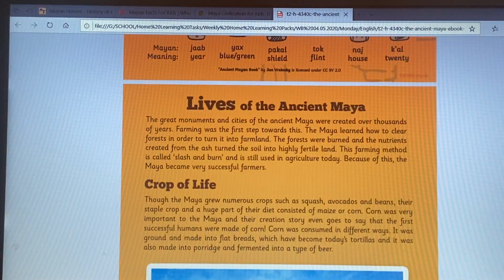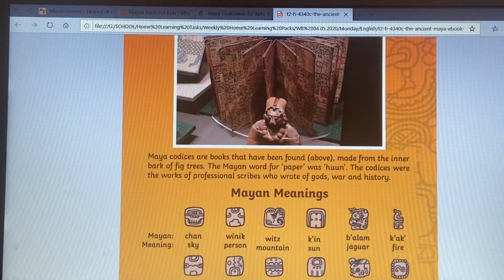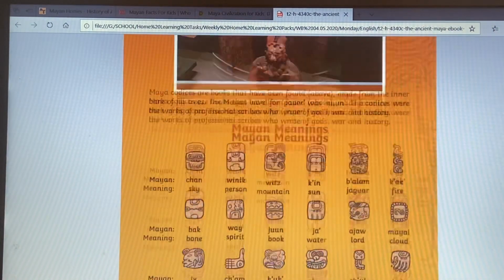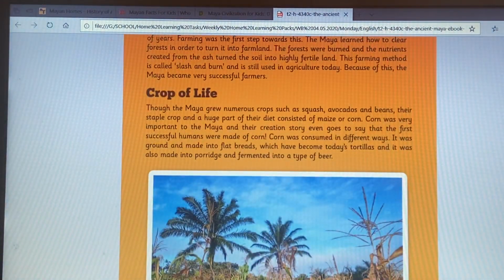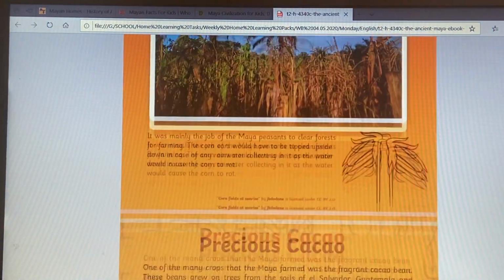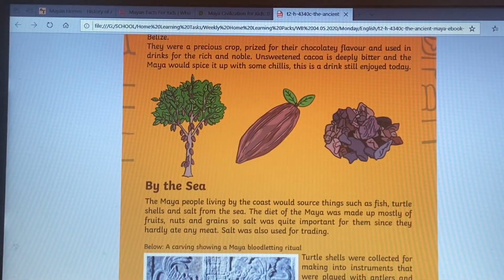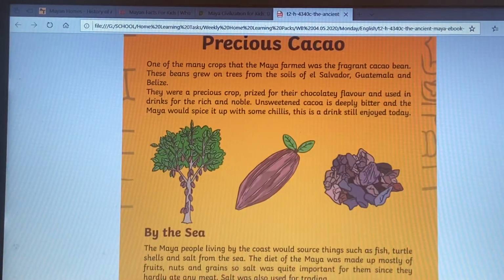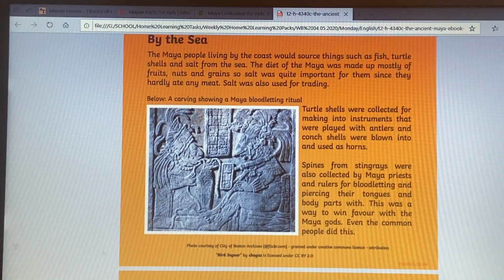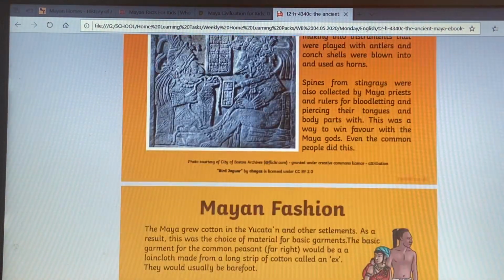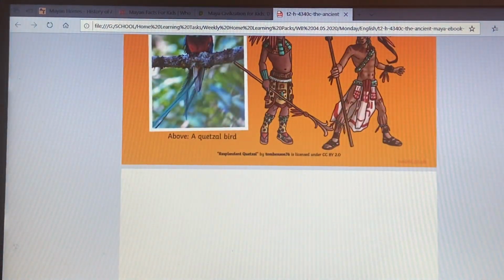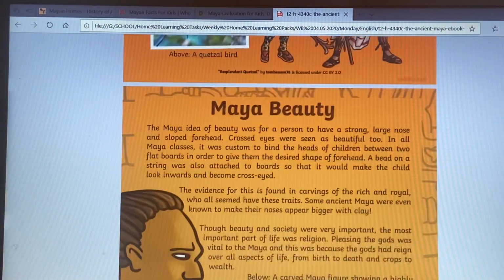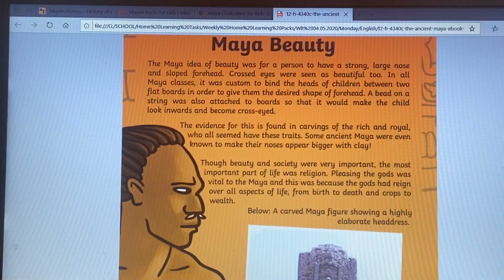So this is the Ancient Maya book that I included in the pack, and it's got some facts about their farming and some of the important things that they grew, and also about some of their fishing skills. It also includes some work on clothing and their fashion, as well as their beauty.